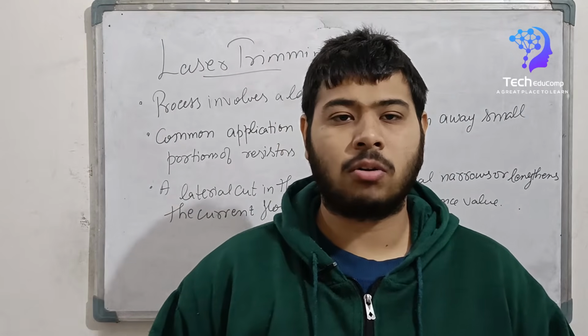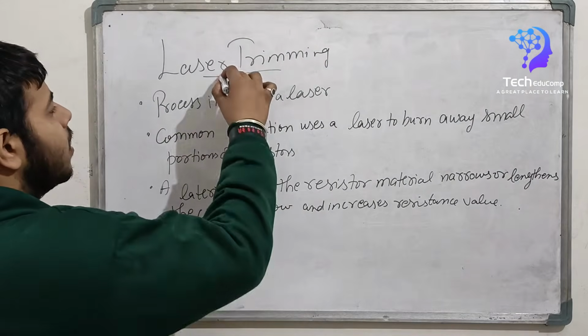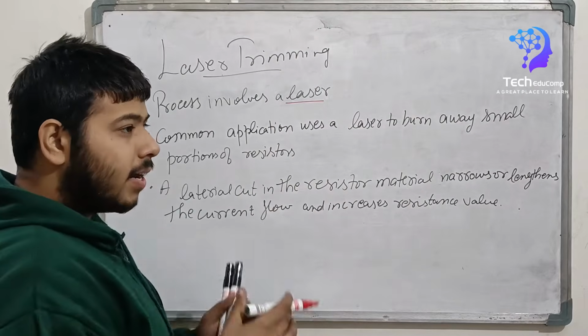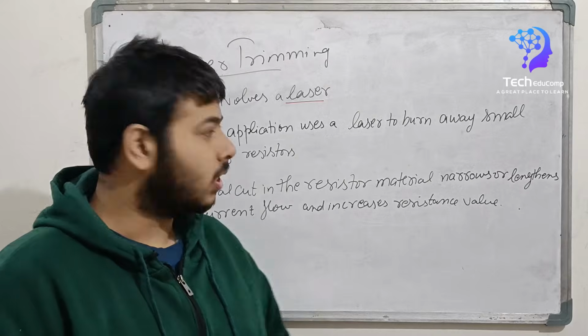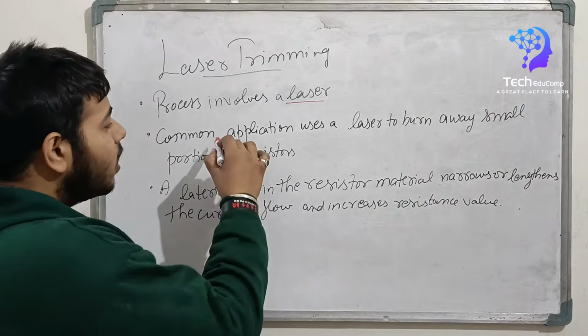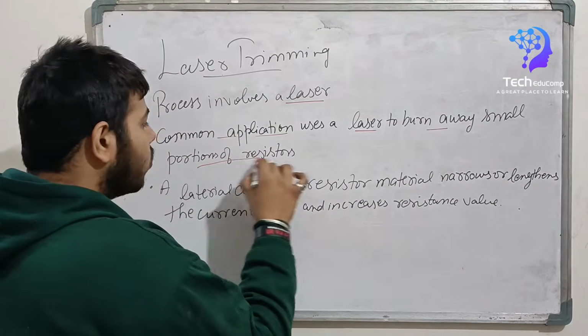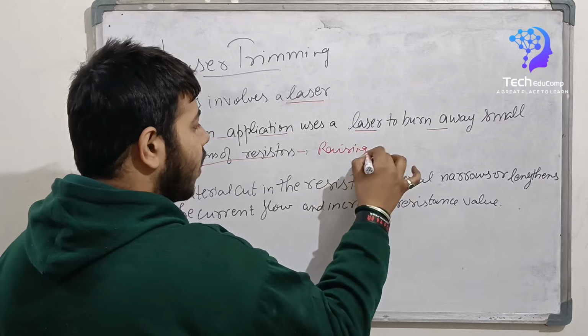Now let's talk about the second type of trimming method, laser trimming. Because it involves a laser, it is used to adjust the operating parameters of the resistors. One common application uses a laser to burn away a small portion of the resistor, hence raising its value.